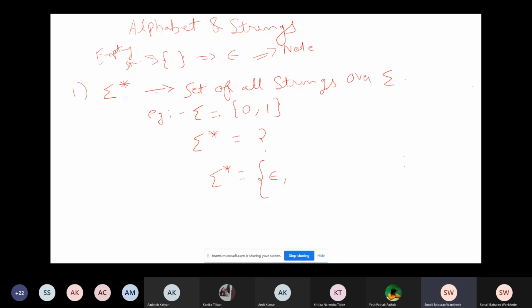Now check the alphabet, check the set over here. You have 0, comma 1. Is this clear? Why am I writing epsilon? Because I want to include the set of all strings, whether it's an empty string or a non-empty string. I'm interested in including all the strings over here. So that's why epsilon, comma.